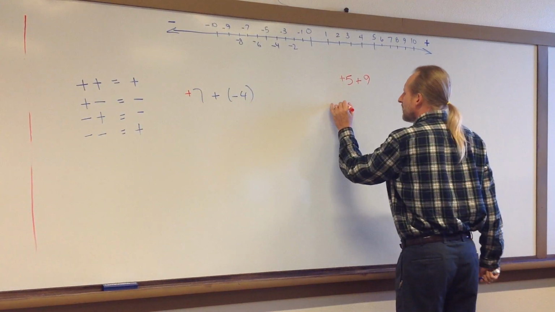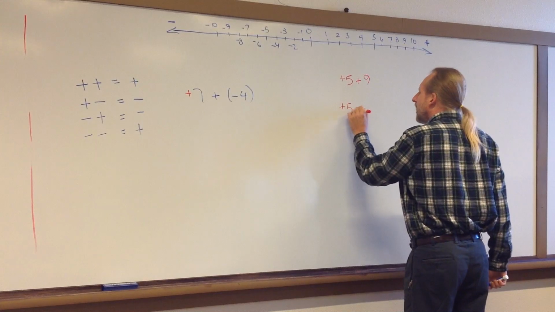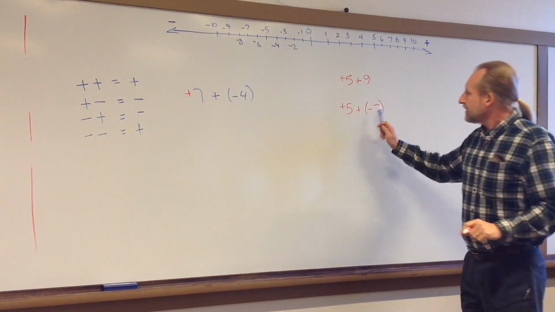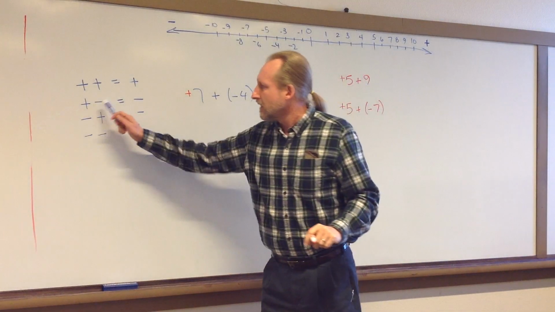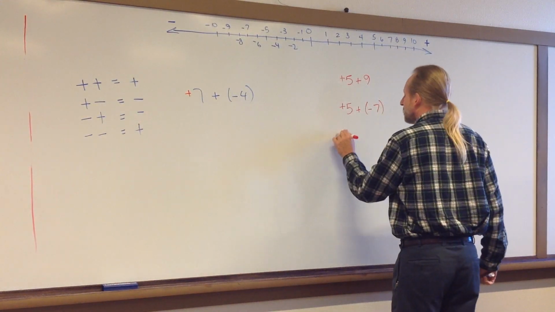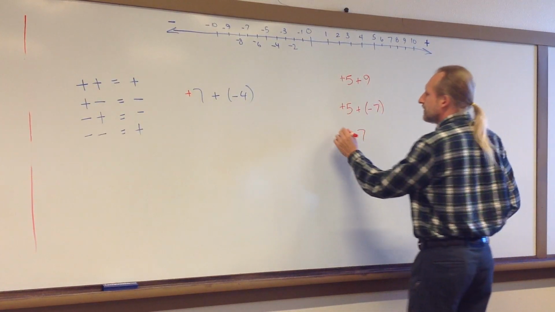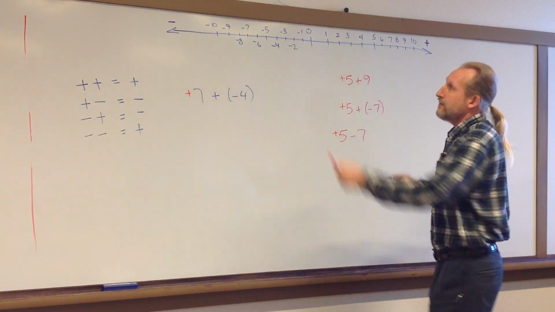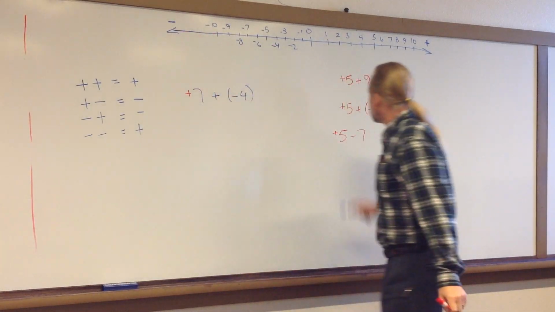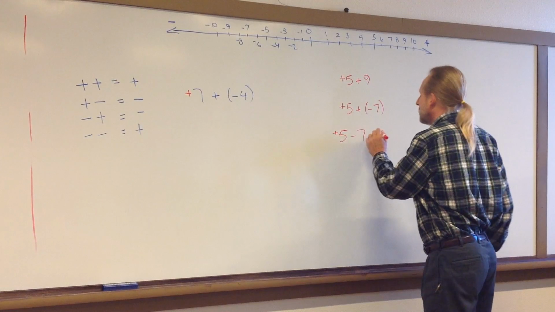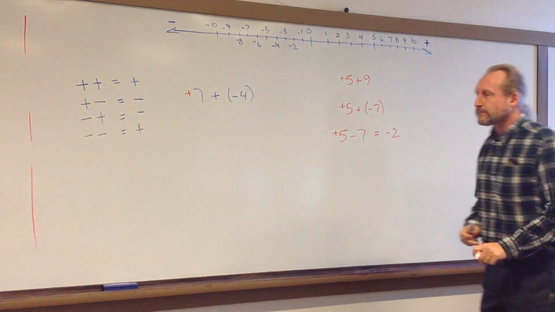Now if you did 5 plus negative 7, now this plus minus right here, that just turns into a minus. That turns into 5 minus 7. That says go to the positive 5, and then go this way 7 places. 1, 2, 3, 4, 5, 6, 7. And that'll take you to negative 2.